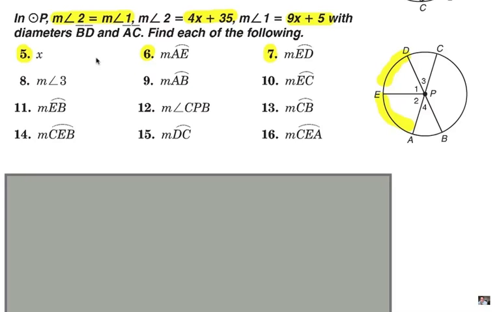All right, for number 5, looking for x, what we have to do is find an equation. Angle 2 is 4x plus 35. Angle 1 is 9x plus 5. We can make those equal to each other because of this first information here, right? So angle 1 is 9x plus 5, and angle 2 is equal to it, and that's 4x plus 35.